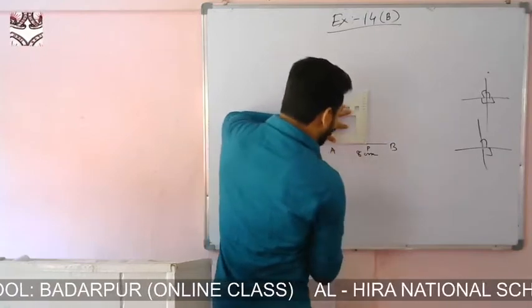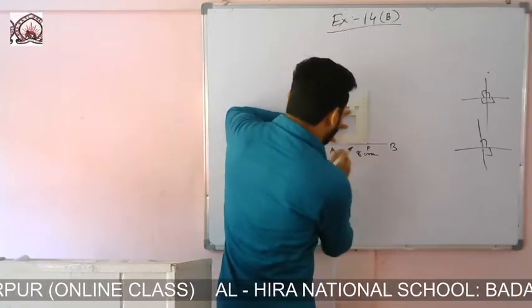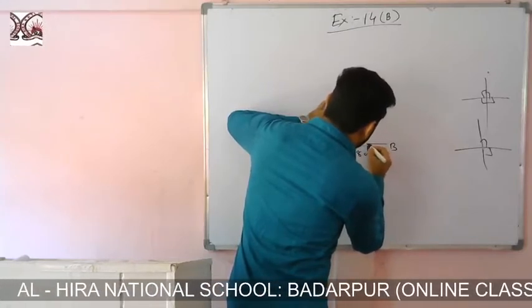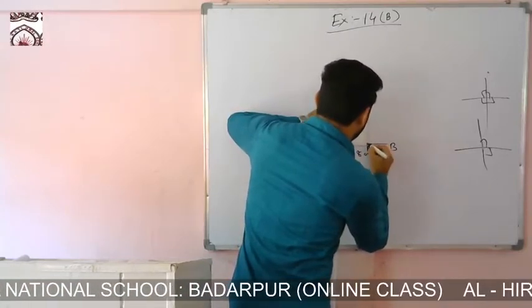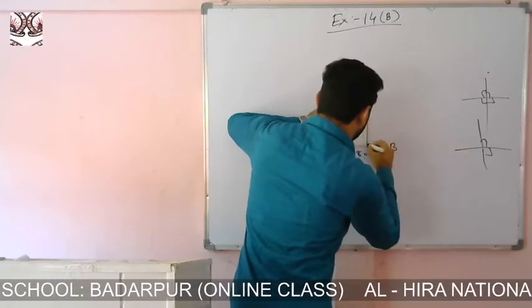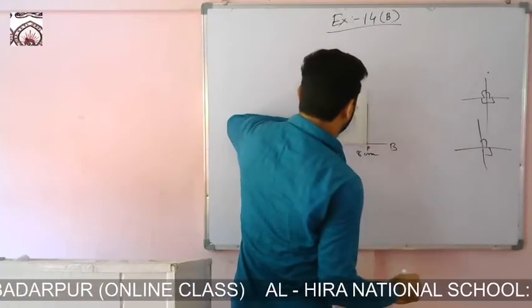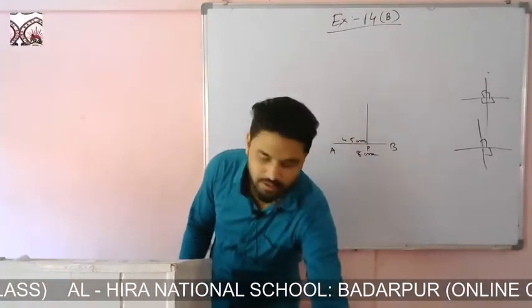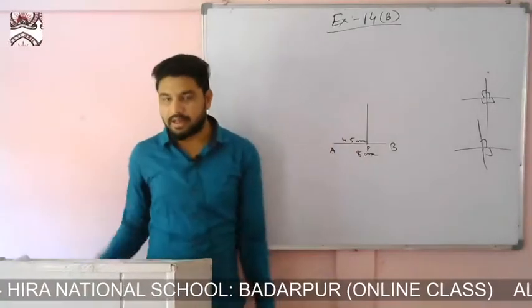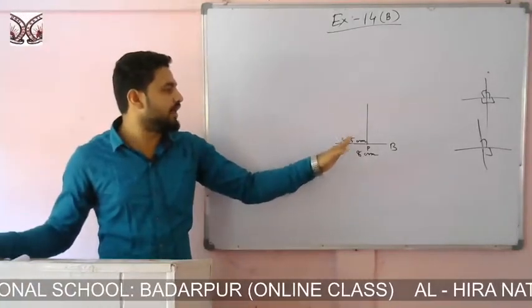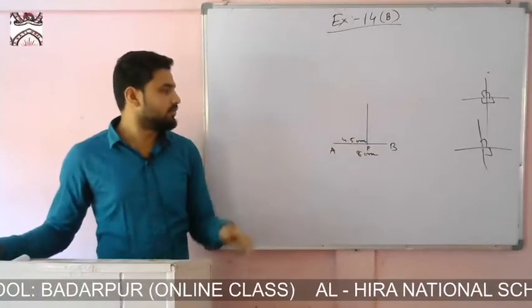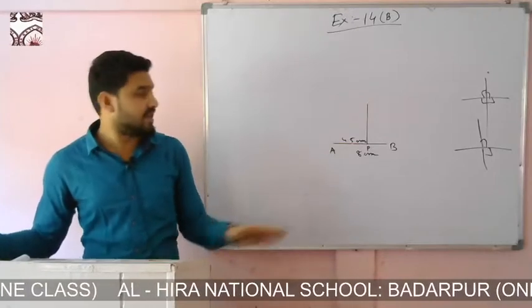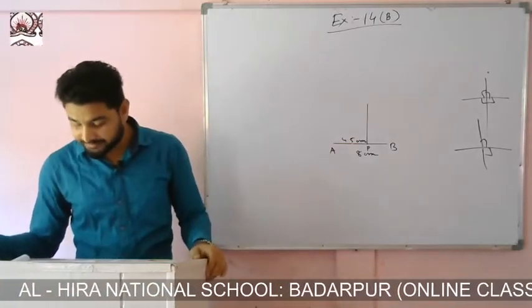After that you slide the set square to the point P, then you draw a line. So that is perpendicular to P, and it is using set square. So the first answer is finished.